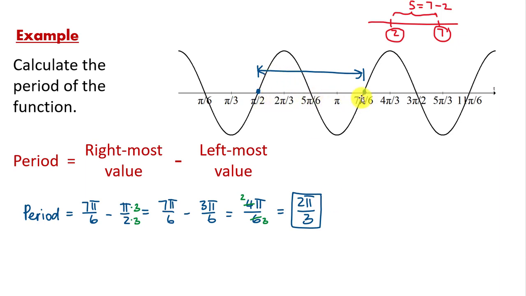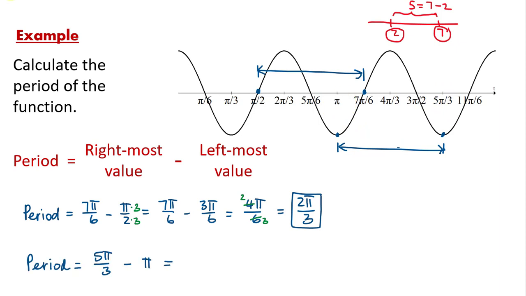But let's pick another cycle, just to confirm that no matter what cycle we pick, the period stays the same. Let's say we're going to start a cycle at this minimum value. Remember, if we start at a minimum value, the cycle ends at the next minimum value, so right here. So that's the cycle. To calculate its length, in other words, to find the period, we have to take the rightmost value, 5 pi over 3, and subtract the leftmost value, pi. 5 pi over 3 minus pi.